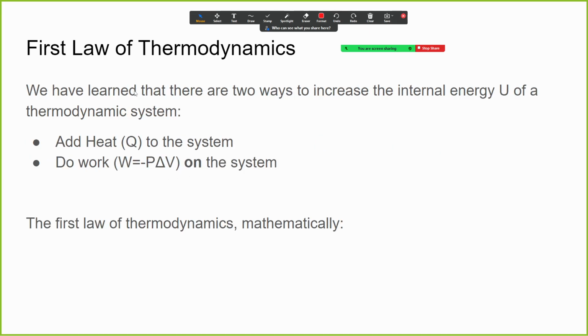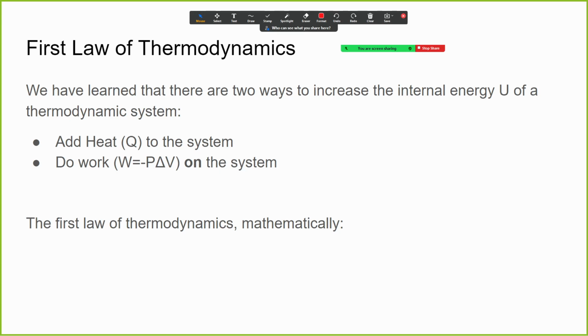So, two ways that we have learned to increase the internal energy of a system. You can add heat to the system, or you can do work on the system. And so, mathematically, and I'm going to double check, this definitely is on the reference table, I would hope. This is pretty important. Yes, it is.